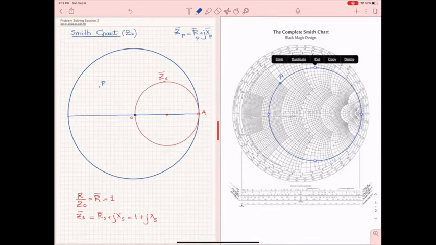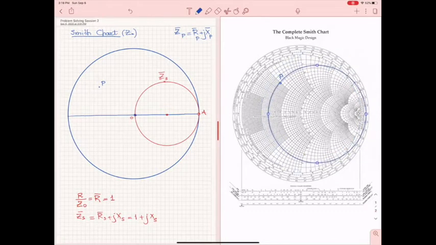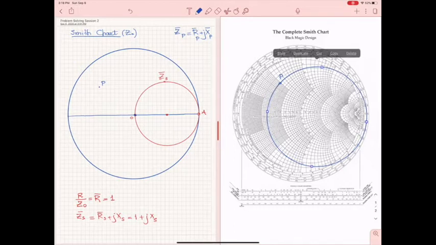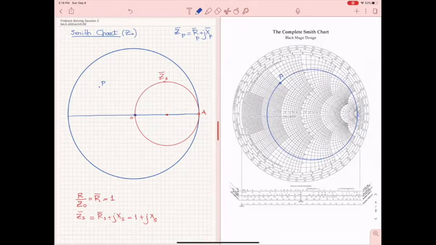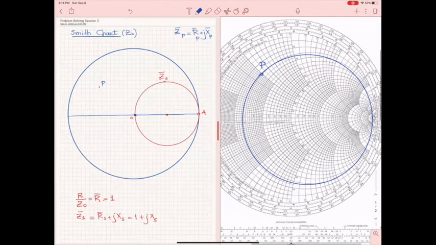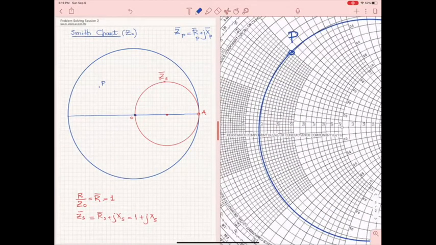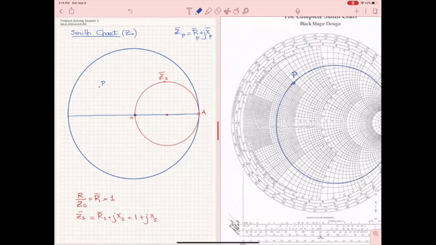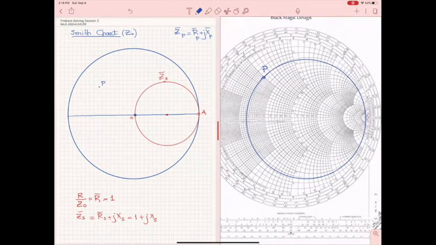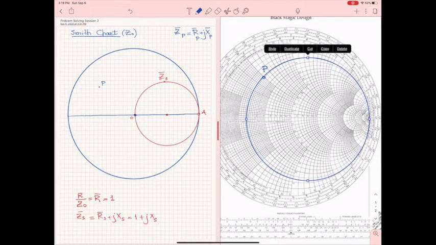Okay. Now, how am I going to read the normalized value? The Smith chart here, if you bring it much closer, you see that this circle goes through... I think I made a mistake when I did that. Bring it here. There.